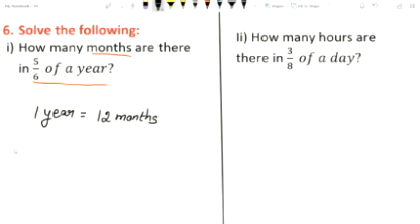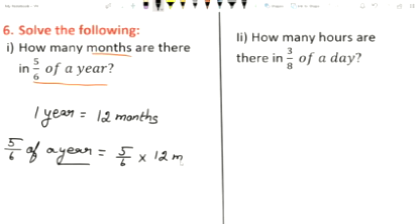Here what is given? 5 by 6 of a year equals 5 by 6, with of replaced by into, a year. 1 year equals 12 months. So 12 months.